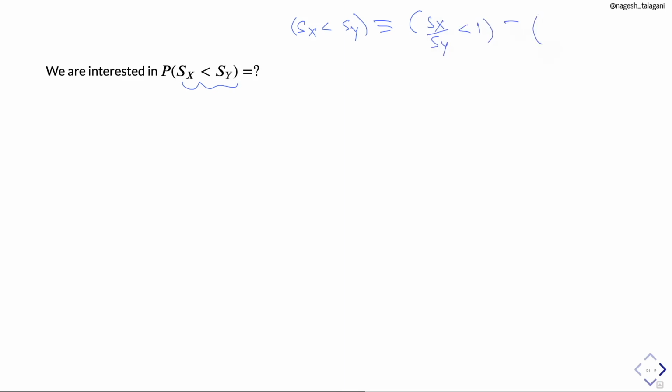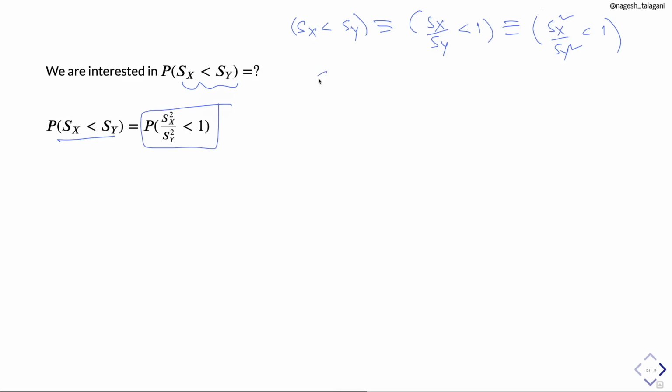This is equivalent to Sx square by Sy square less than 1. That's why the probability of Sx less than Sy, I can write as the probability of Sx square by Sy square less than 1.